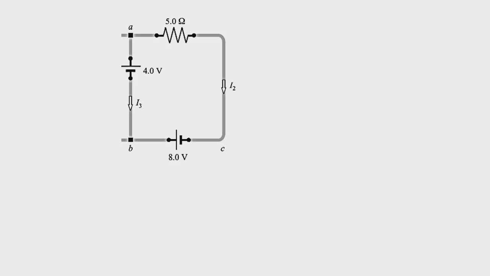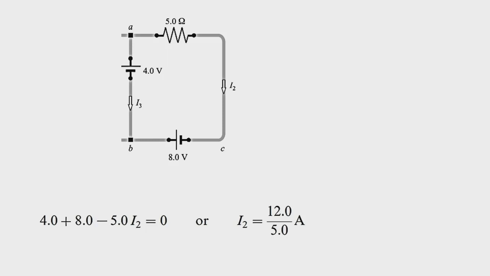So this is utilizing the loop rule, and that is adding the voltage, which is 4 volts plus 8 volts minus the voltage drop, which is given by Ohm's law, and that is I times R, where our resistance is 5 ohms times the current, which is current 2, and that should be equal to 0.